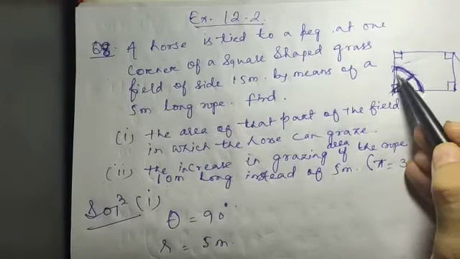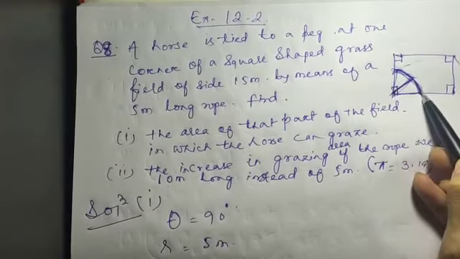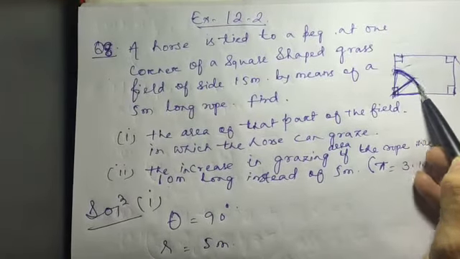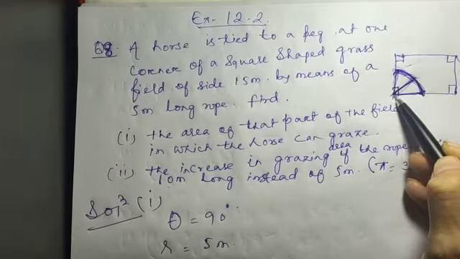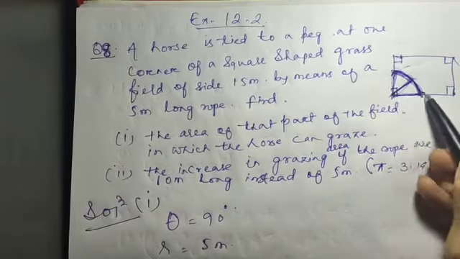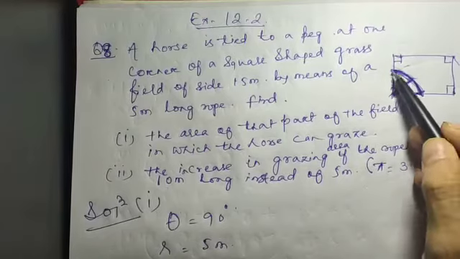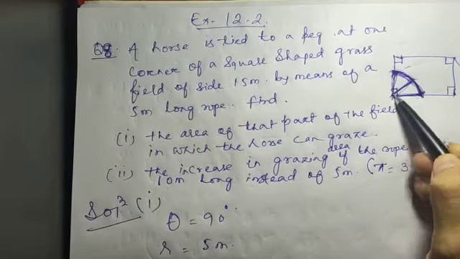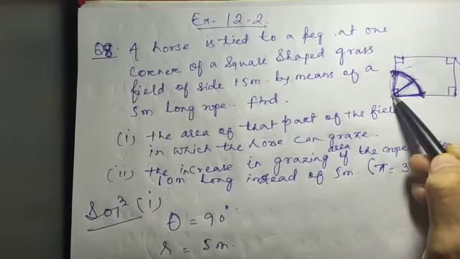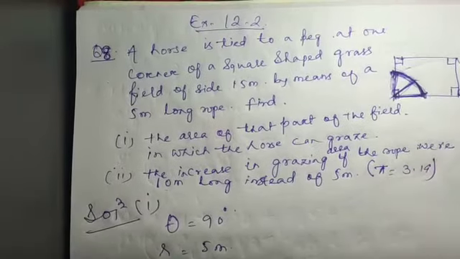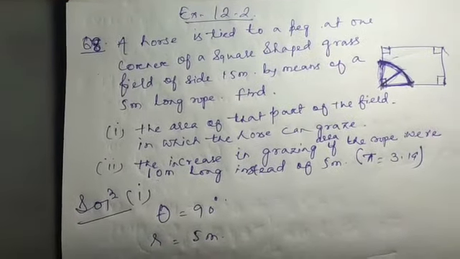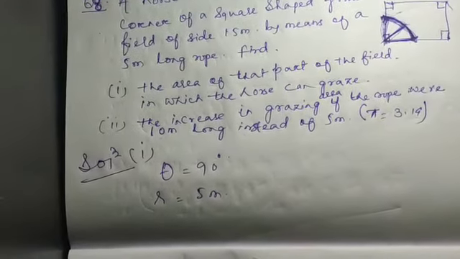So they are asking to find the area grazed in this sector. To know the area grazed by the horse, we have to find the area of this sector. This sector is called a minor sector, right? So let's do it.